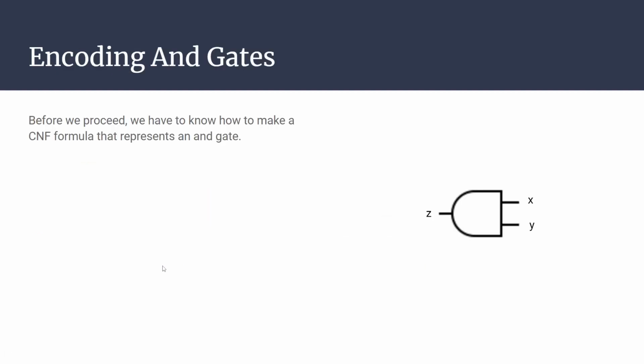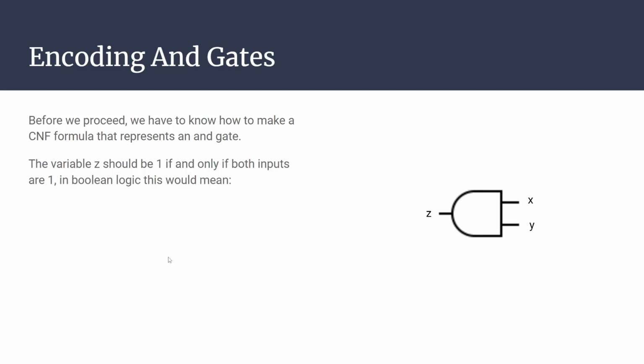Let's take an AND gate here and try to encode the variables that go into it and the variable that goes out of it, and just kind of encode the relation between them. The variable z should be 1 if and only if both x and y are 1. That's what an AND gate is. So if x is 0, then z is 0.